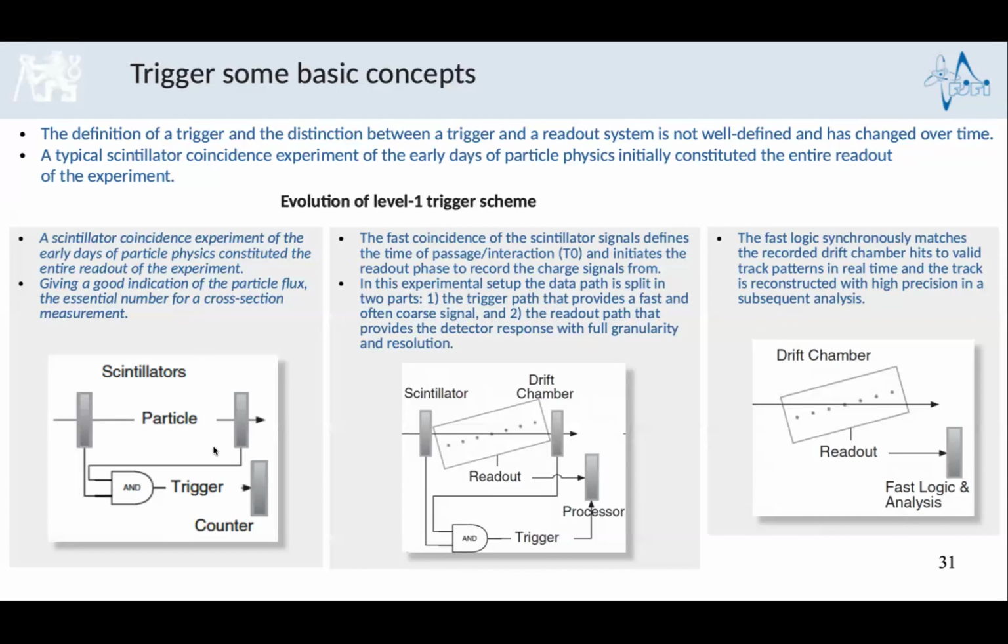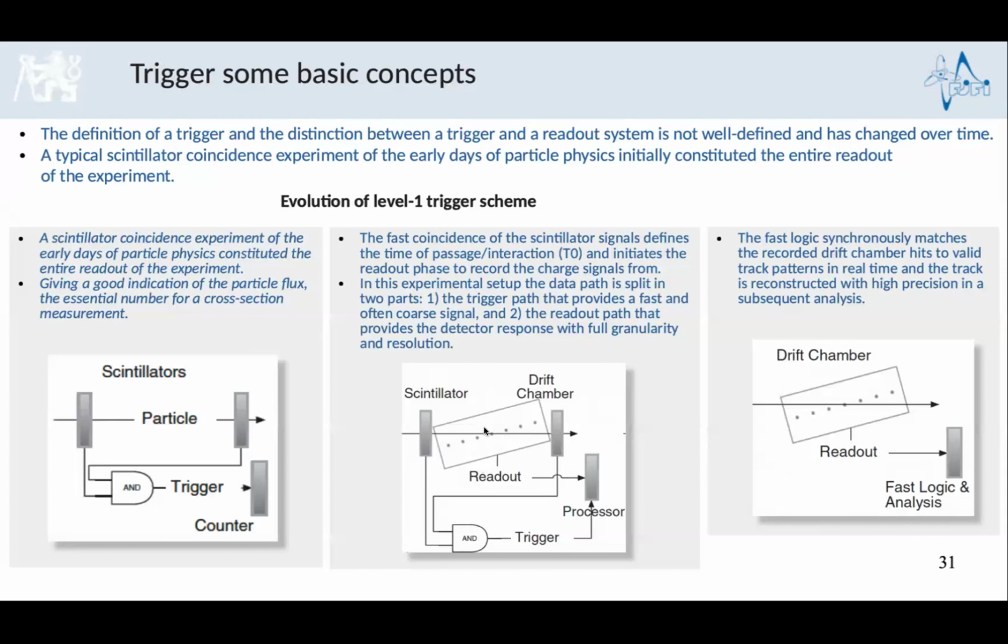But then another layer of complexity was added: one other detector, for example some tracker detector, that makes use of some trigger system that puts some constraints on the measurement of this other detector that will be read out.